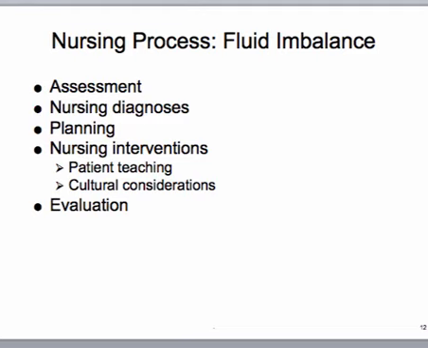Nursing process as far as fluid imbalance, we just discussed a little bit that patients are at risk for hypo or hypervolemia in general, patients with excess fluids or lack of fluids. We want to assess them for histories of fluid volume problems in the past. For instance, patients who are getting units of blood.